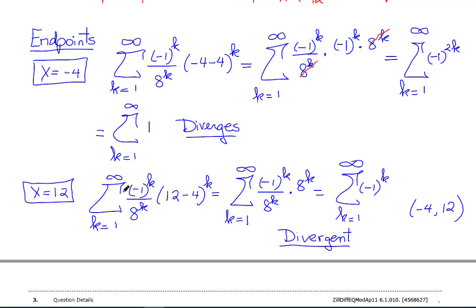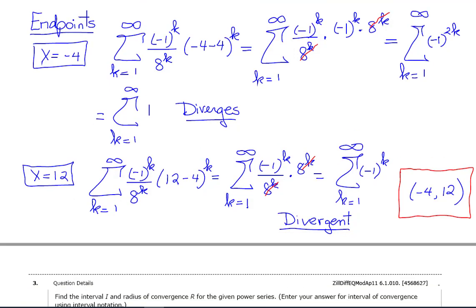If I plug in 12, I get 12 minus 4 is 8. The 8 to the k's cancel. And now I get this alternating business. Minus 1 plus 1 minus 1 plus 1, which again diverges. And so I only get my original interval of convergence and not the endpoints.